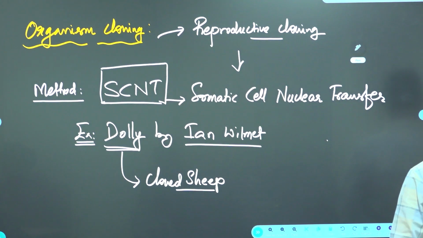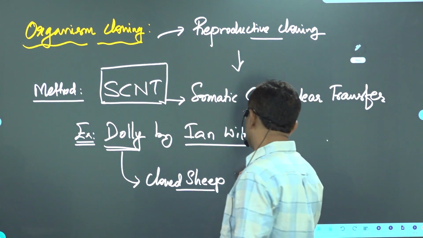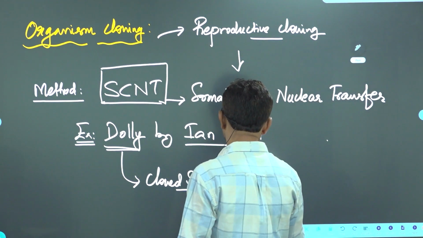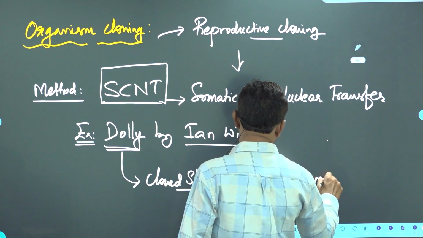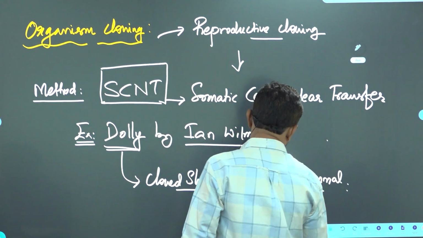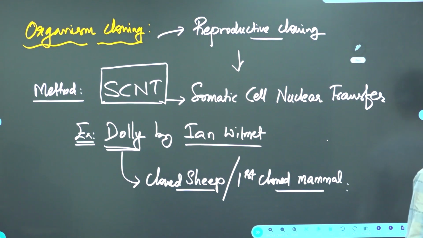So this Dolly is the first cloned mammal in the world. First cloned mammal. Cloned sheep, or first cloned mammal.